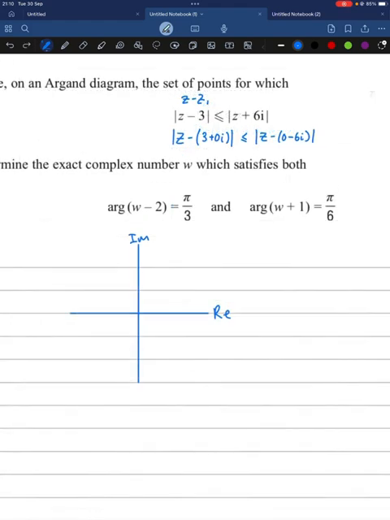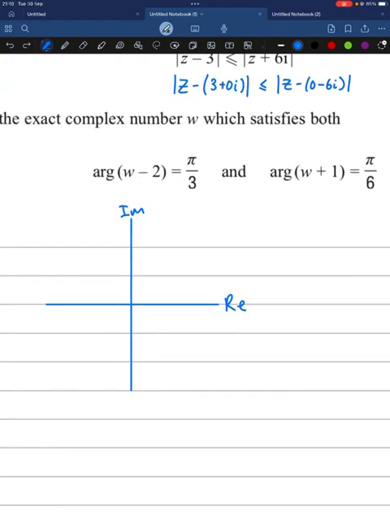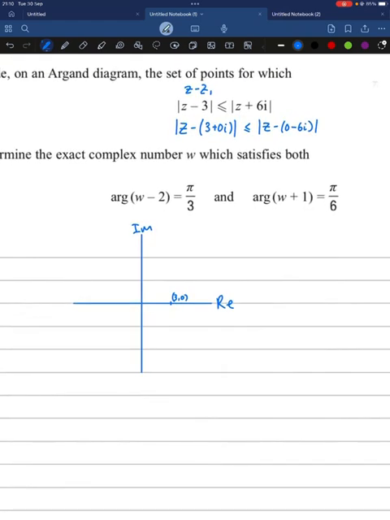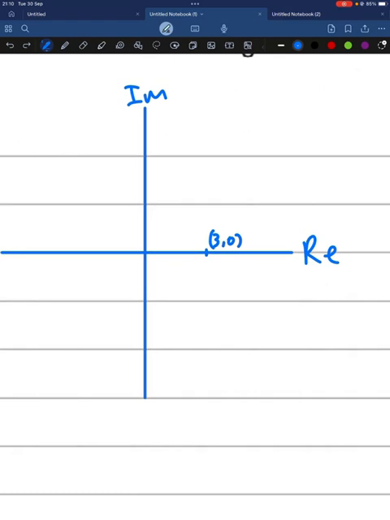So if we plot this on our Argand diagram, first let's draw the point 3, 0. So 3, 0 will be here. And this is 0 minus 6, so let's say it's somewhere here.